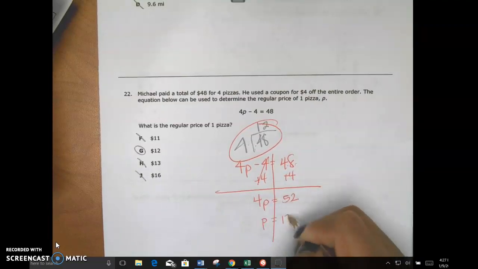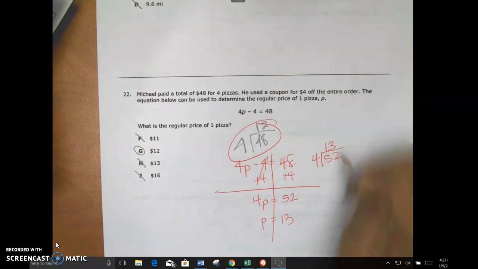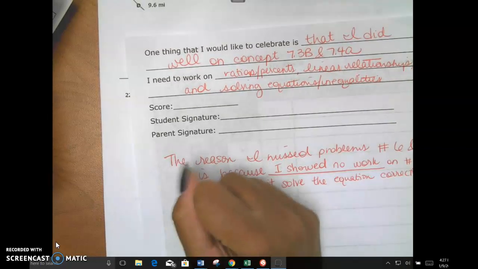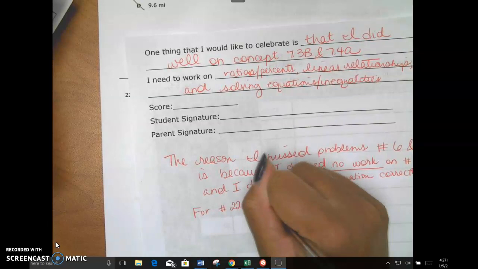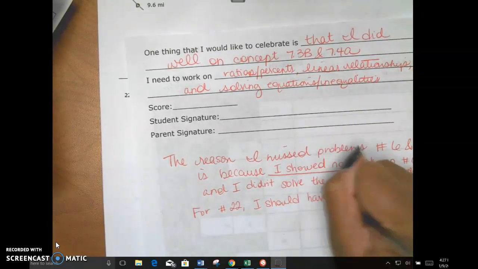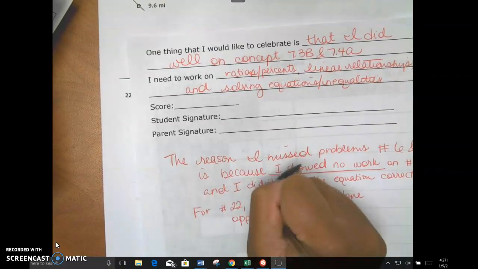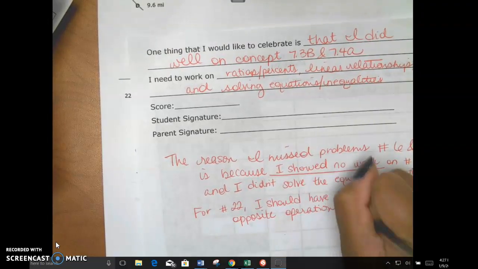P is 13 because I took 52 and I divided by 4 and I get 13. For 22, I should have done opposite operations to both sides.